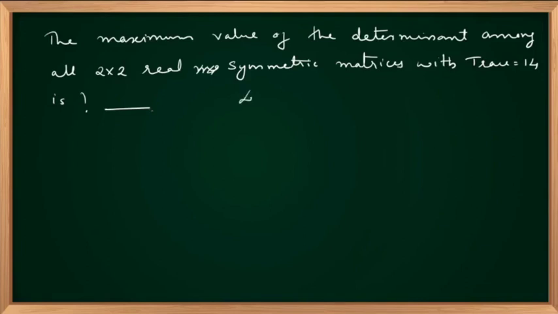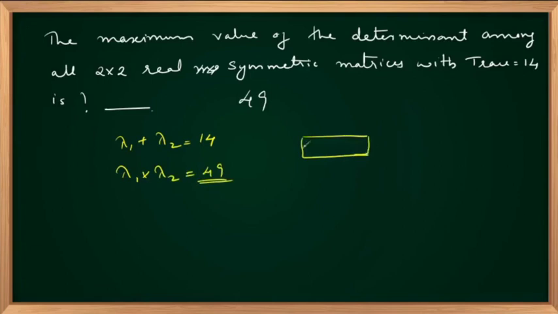The answer is 49. The answer is 49 because when you take lambda 1 plus lambda 2 equal to 14, the maximum value of lambda 1 into lambda 2 will be equal to 49. That is similar to the area of a rectangle with a given perimeter.